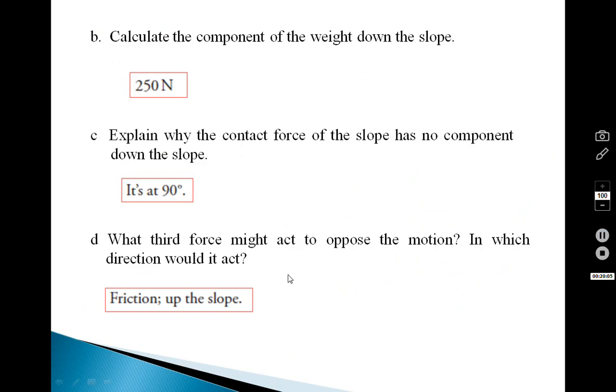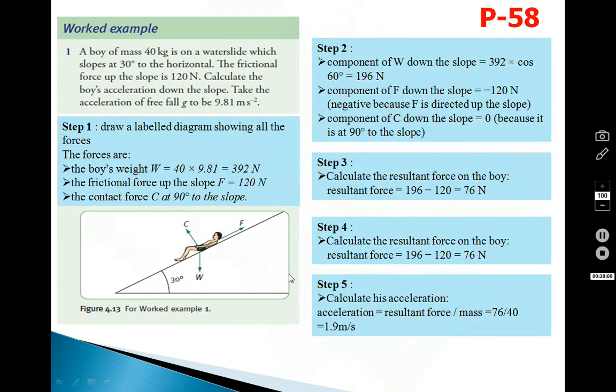Okay, now finally we will move to work with the example on page 58. In this example, a boy of mass 40 kg is on a water slide which slopes at 30 degrees to the horizontal, as we can see here in this figure.